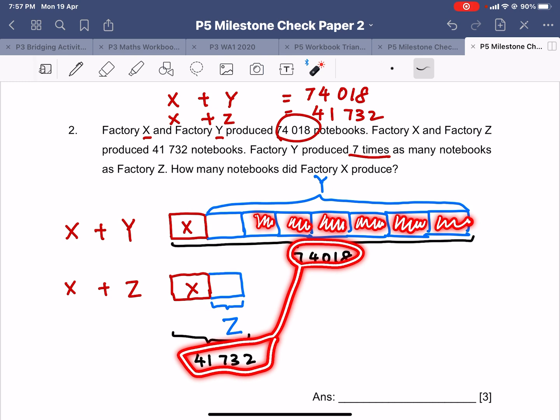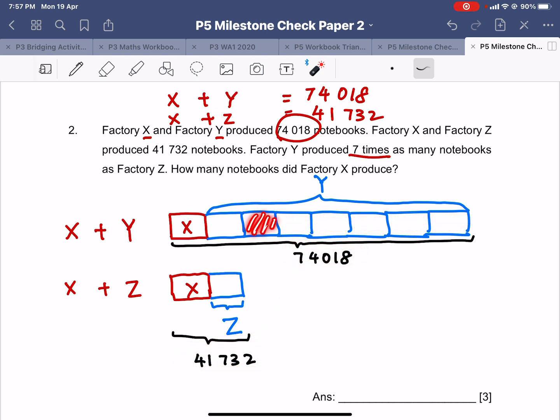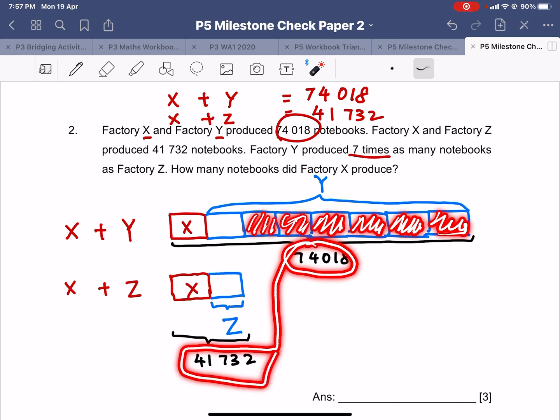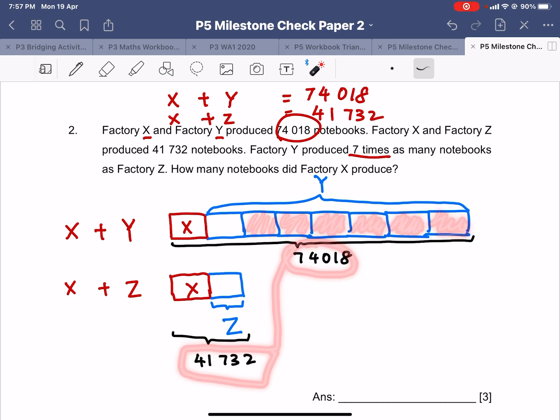One more time I repeat: these are extra boxes, and these extra boxes are what is causing this number to be bigger than this number. So what can I say? If I take the difference of the two big numbers, if I subtract them, they will tell me how much the 6 units are. Am I right? How do I get the 6 units? Because of the 6 extra units.